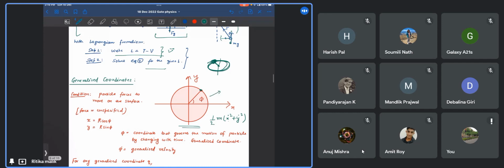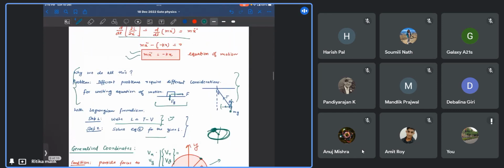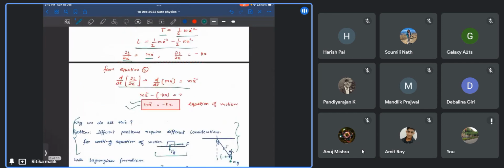So you have to change your x and y to some other coordinate system like polar coordinates. There, instead of writing vx or vy, you write your equation in terms of the radial coordinate and theta coordinate, which we have also talked about in the case of central forces, where we use the polar coordinate system to solve the equations. So there also your Lagrangian is given by del L by del x dot.